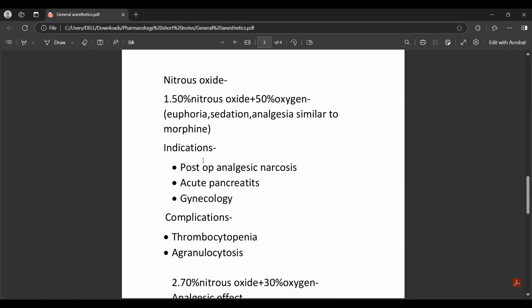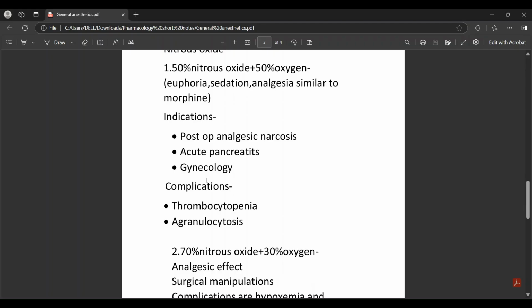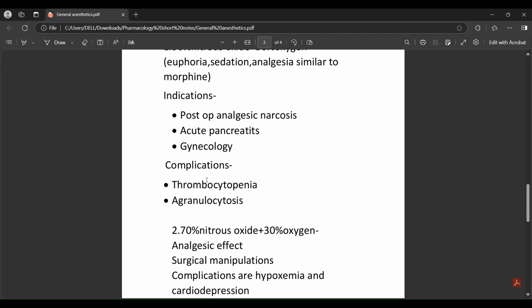With 50% nitrous oxide and 50% oxygen, they will cause euphoria, sedation, and analgesia similar to morphine. Indications: post-op analgesia, narcosis, acute pancreatitis, and gynecological procedures. Complications: thrombocytopenia, a tendency to bleed, and agranulocytosis.